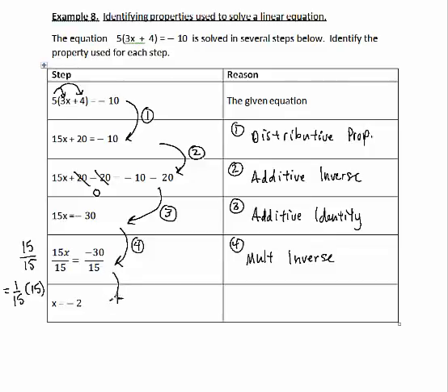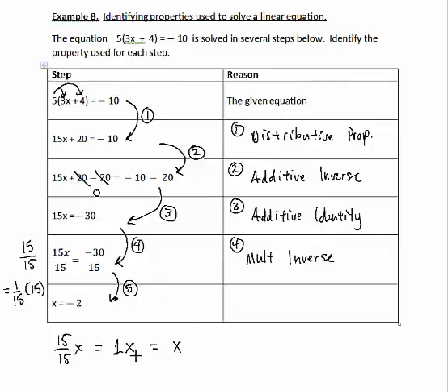Okay, and now 5, you need to see that we took 15 multiplied times its inverse, and so there's sort of a step you could write in between here, but we normally don't write it out. 15 over 15 times x is equal to a 1 times x, which we have just written as an x.